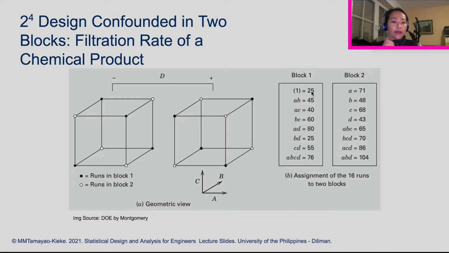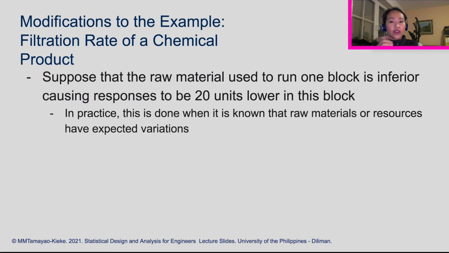But for this example, the observations were taken as the difference between the original values in the original example and 20, because in our modification, we are supposed to suppose that the other batch of raw material would result in inferior performance, with 20 units lower in one block.